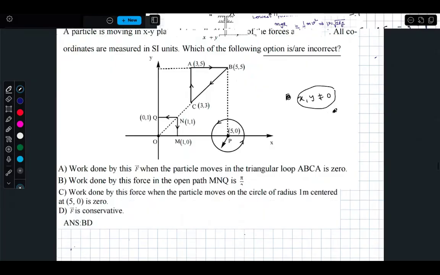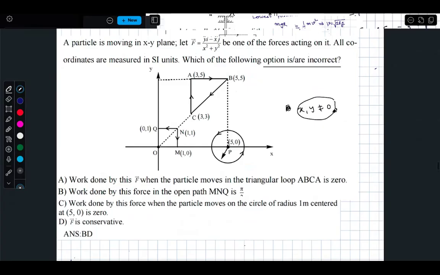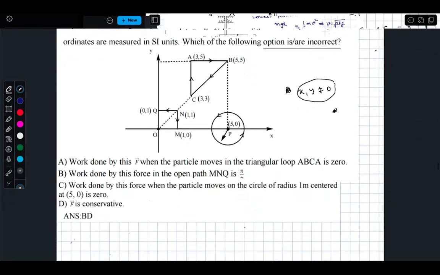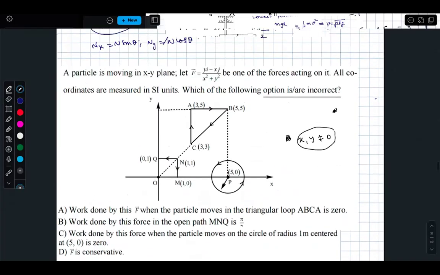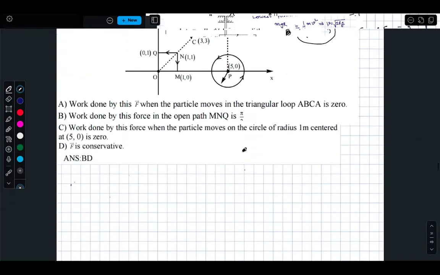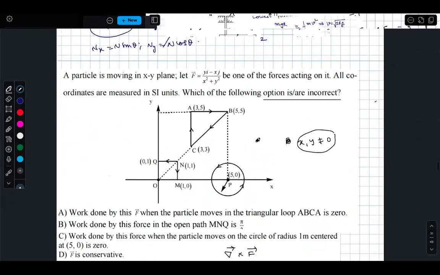Now, please understand what is the nature of this force. Is this conservative or not? We need to check. For this purpose, we will do del cross F. F is nothing but (y i cap minus x j cap) by (x square plus y square).